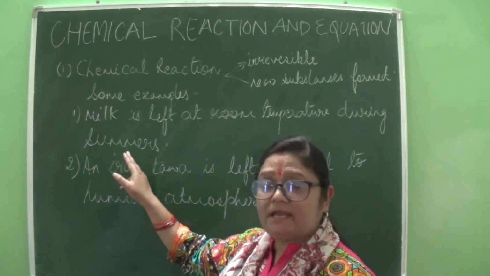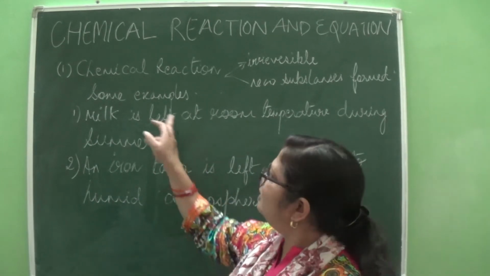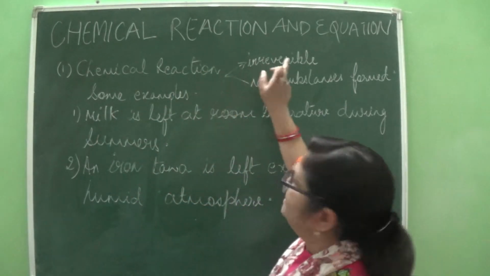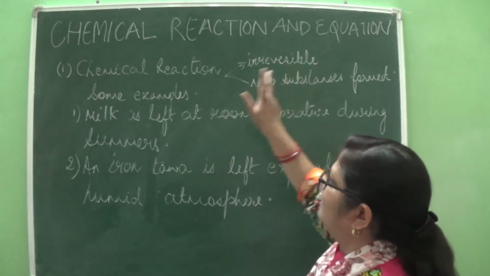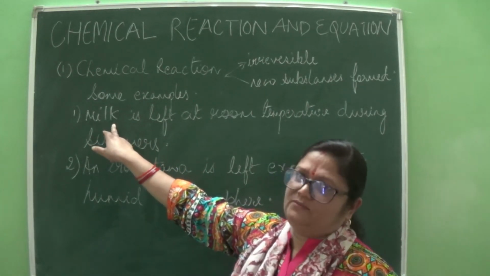Now, can this curd be formed into milk again? No. So what will we say? It is a chemical reaction. It is irreversible. New substances are formed. Here from milk, lactic acid is formed.